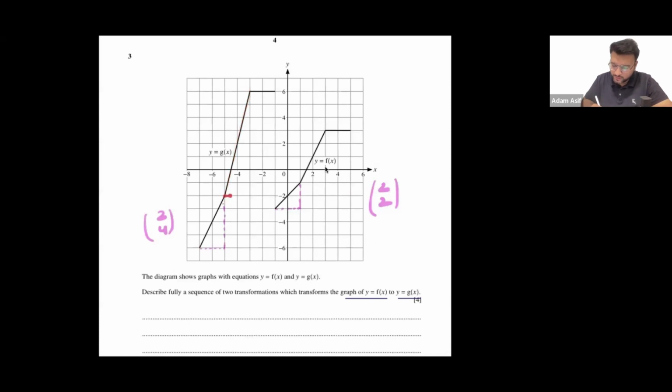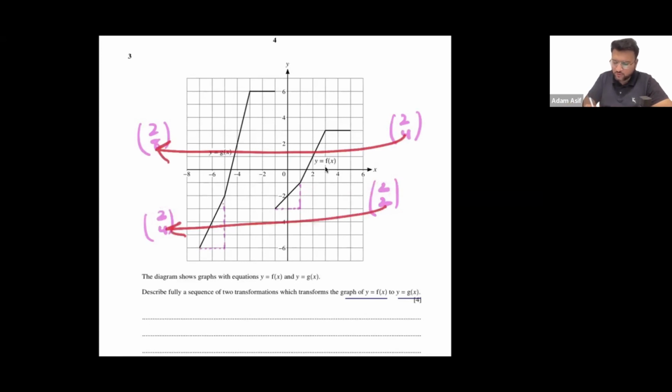The column vector over here is 2, 8, and the column vector over here is 2, 4. So I can see that there isn't any stretch in the horizontal direction. It remains as it is. But there is a stretch in the vertical direction by a factor of 2.